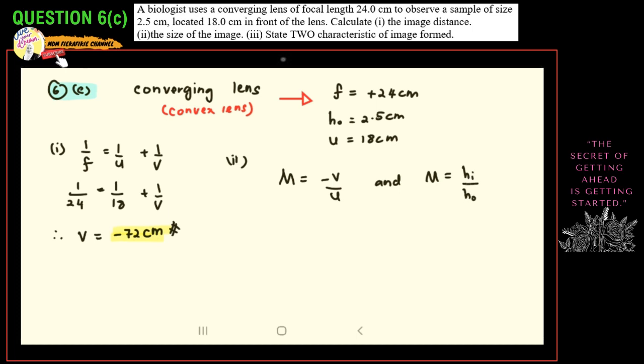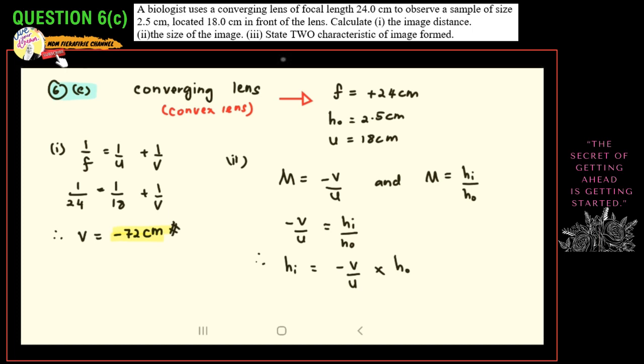So in this case, we want to find the size of the image, which is HI. So we can write the equation of M, negative V over U, is equal to height of the image over height of the object. Therefore, height of the image is equal to negative V over U times height of the object.